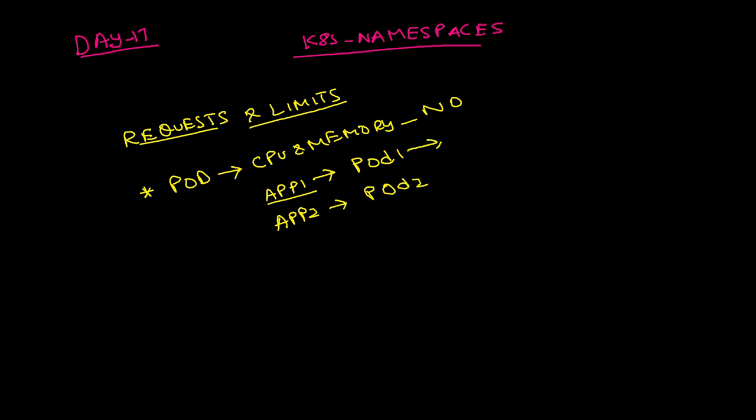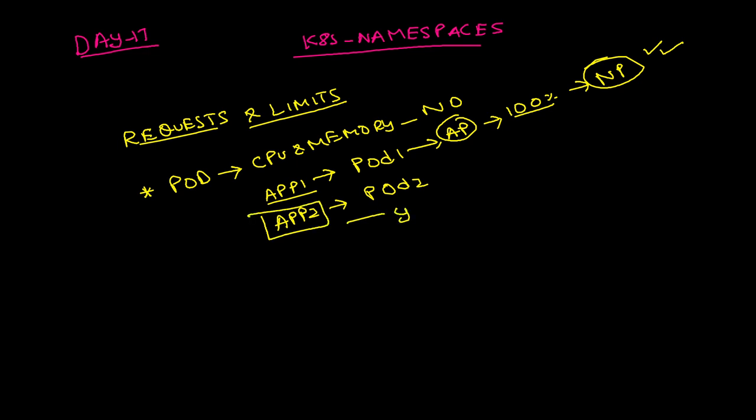Say in pod 1, due to some application issues, it consumes 100% of my node pool CPU and memory. Do you think this consumption will impact application 2 or not? The answer is yes.